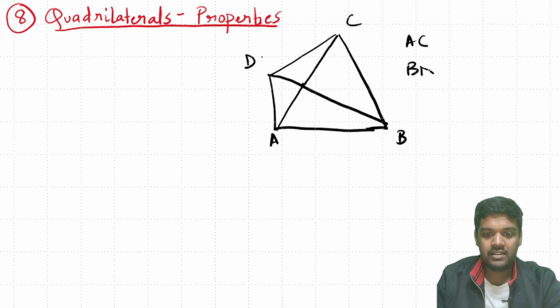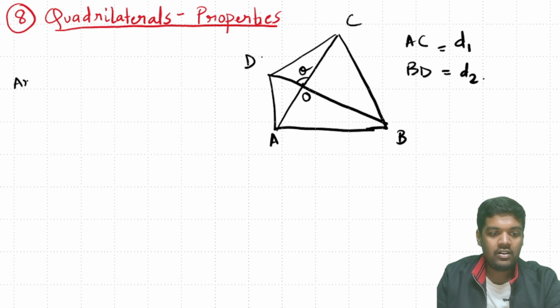Let's say AC is diagonal 1, BD is diagonal 2. AB, BC, CD and DA are the sides, and AC and BD are its diagonals. Let's say the diagonals intersect at point O and they make an angle of theta.